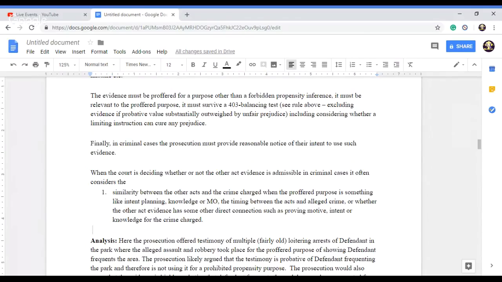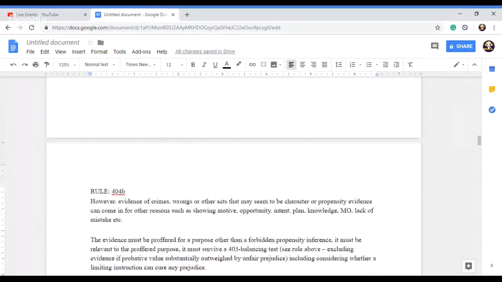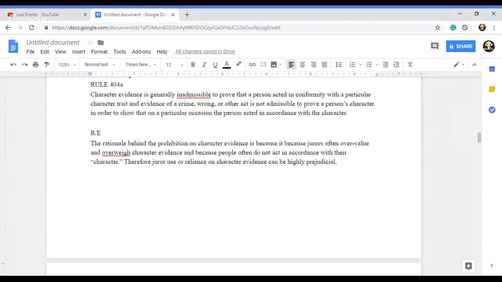So this gives you the process, but again, here we don't really have the rule explanation, the rationale behind this rule. We don't have those words. So when we're talking about character evidence, this is a pretty long rule because we started with the rule explanation for 404A.